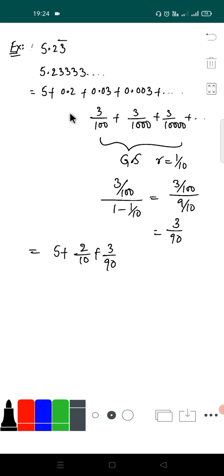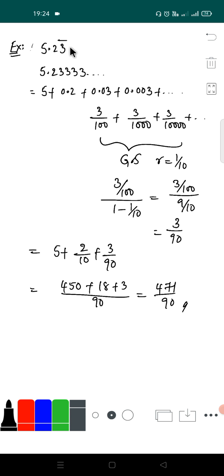So the answer will be 5 plus 2 by 10 plus 3 by 90. The 0.2 here is expressed as 2 by 10. So we take the LCM for all of this. This is 450 plus 18 plus 3, 468 plus 3, that is 471 by 90. This is how we simplify this.